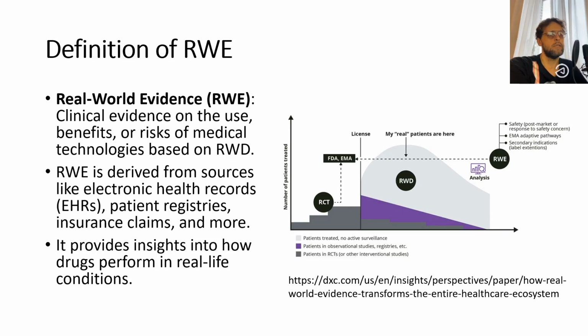So this data is gathered and obtained from sources like electronic health records, EHRs, patient registries, insurance claims, and other sources. These sources will provide insights into how drugs perform in real-life conditions. It's not set up by a certain company or certain scientists, it's just our practice.